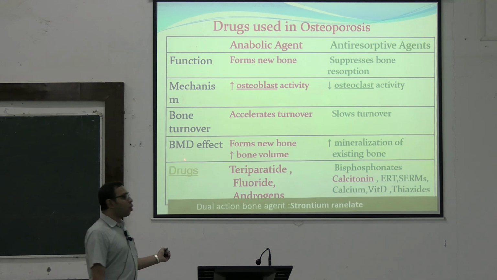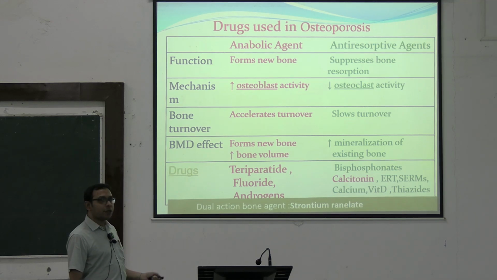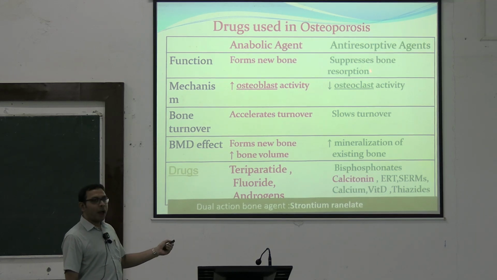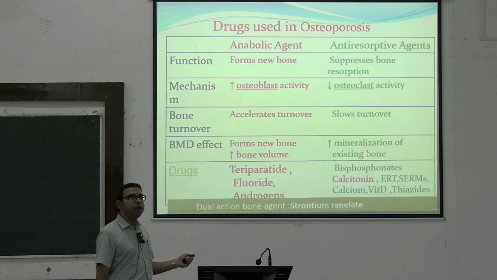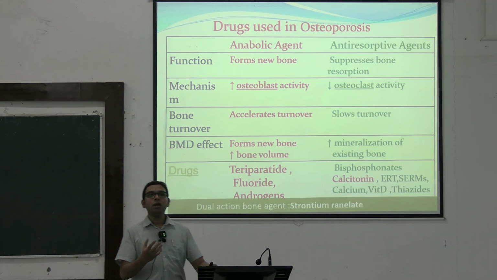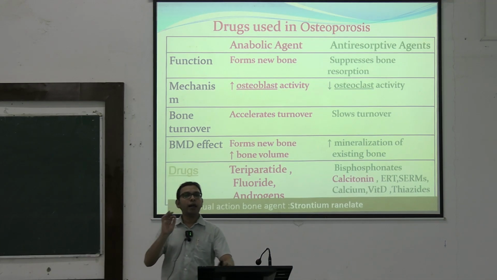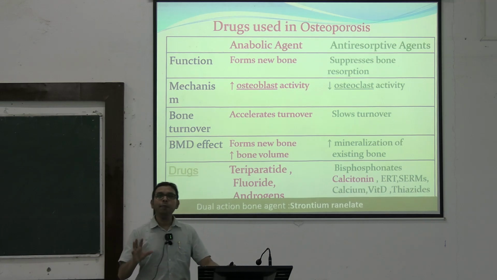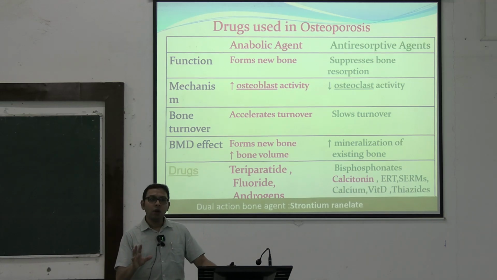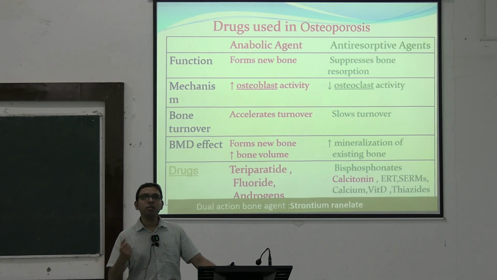Ultimately there will be new bone formation and increased bone volume, and anti-resorptive agents mainly help in increased mineralization of the existing bone. Since the bone turnover becomes slow, the mineralization will be completed if the patient is replete with calcium and vitamin D. So the bone mineralization will be more, and the microarchitecture will be strengthened with the anti-resorptive agents.